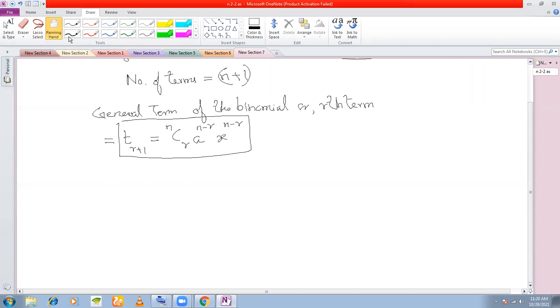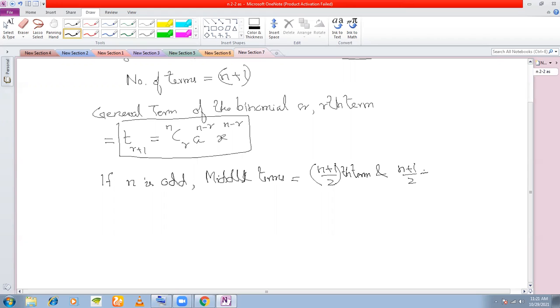Also, what you must recall is that if n is odd, then we had two middle terms, right? As I mentioned last time. What were the middle terms? N plus 1 by 2th term and n plus 1 by 2 plus 1th term.